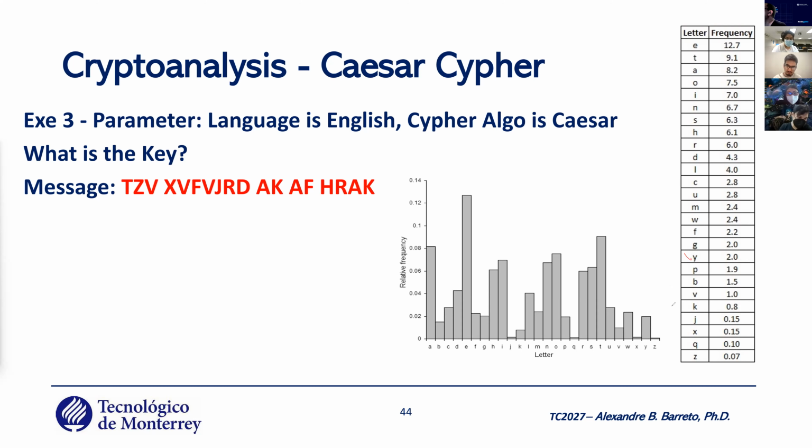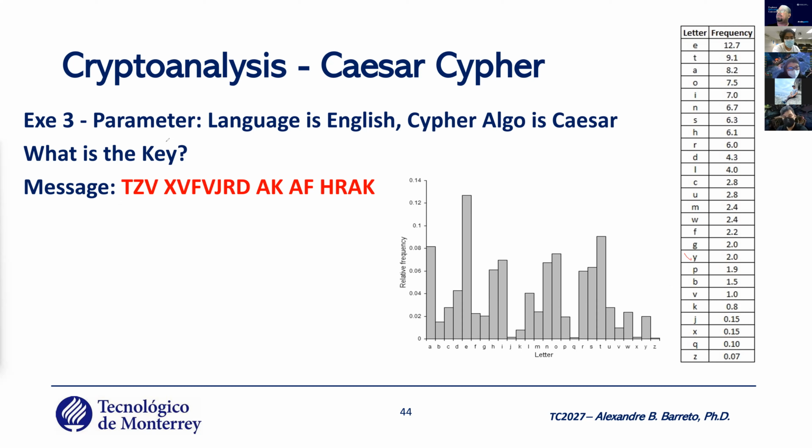I see. Okay. So the idea here is you don't have the key. You have the cipher message. How to discover the key, or how to discover the clear text message?